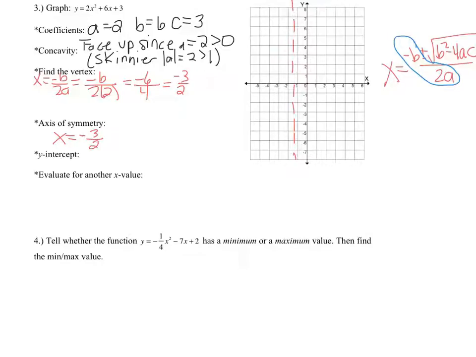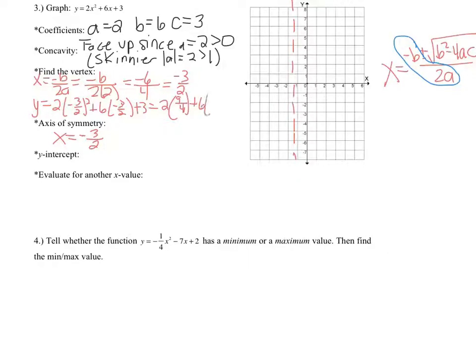Okay, so now to find the y-coordinate of the vertex, I need to plug that in. So it's 2 times -3/2 squared plus 6 times -3/2 plus 3. Well, -3/2 squared, -3 times -3 is 9. 2 times 2 is 4, so it's 9 over 4.